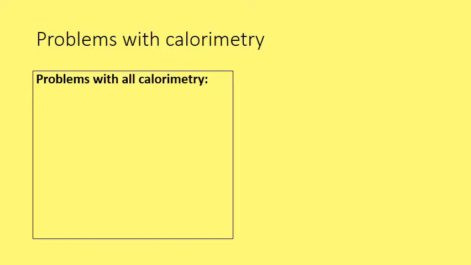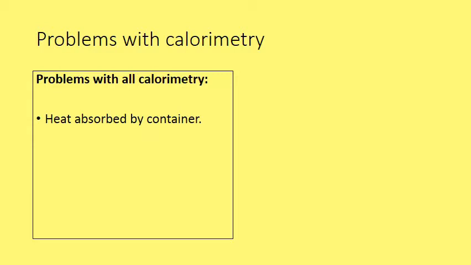And what we find with calorimetry experiments is that there are a couple of problems that are consistent with all types of calorimetry, whether that's combustion calorimetry, flammable liquid calorimetry, or indeed neutralization reactions. So the first problem with all calorimetry is that we've got a container, and we've also got a temperature change happening, so by definition the container is going to absorb some of the heat.